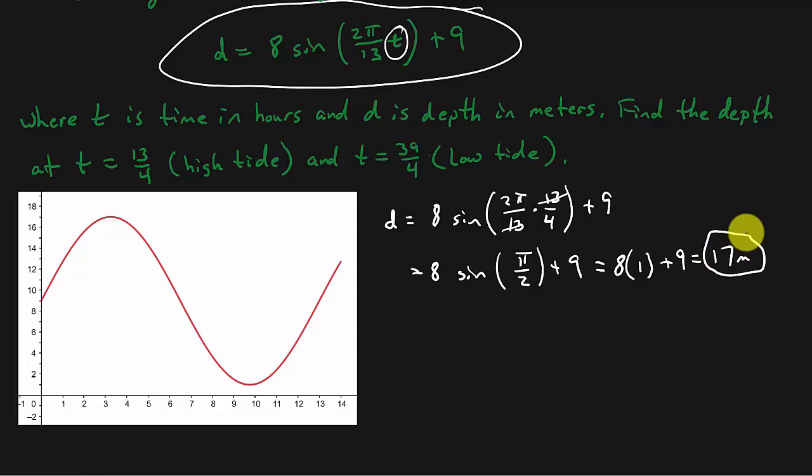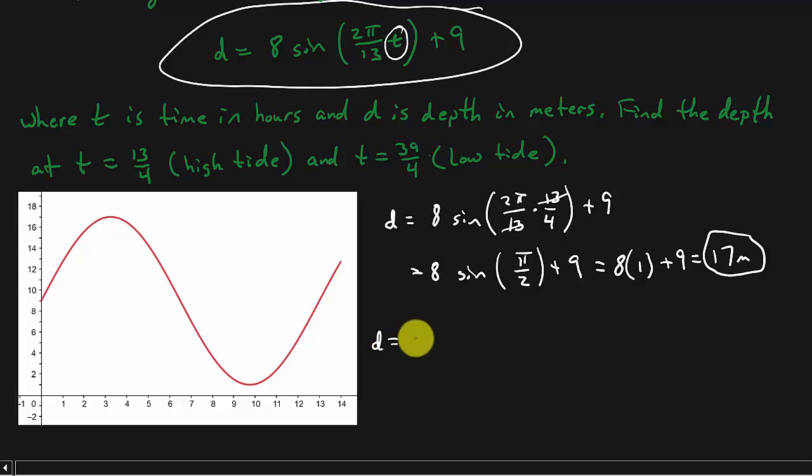And then low tide, d is equal to 8 times the sine of 2 pi over 13 times 39 over 4, plus 9. Look at that, with 13 and 39, I'm left with a 3 and a 1, and with 2 and a 4, I'm left with 2 and a 1.